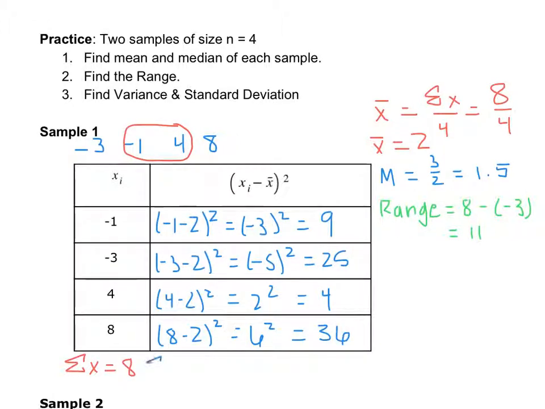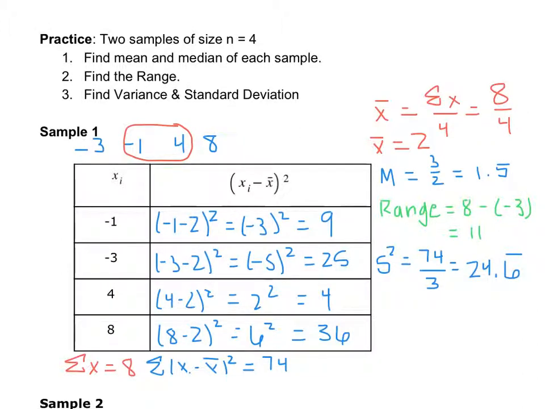Okay, now we want to add those squared deviations up. So summing that column, we get 74. So to find our sample variance, we're going to take that total, 74, and divide it by 1 less than the sample size. 74 divided by 3, we get 24 point repeating 6.